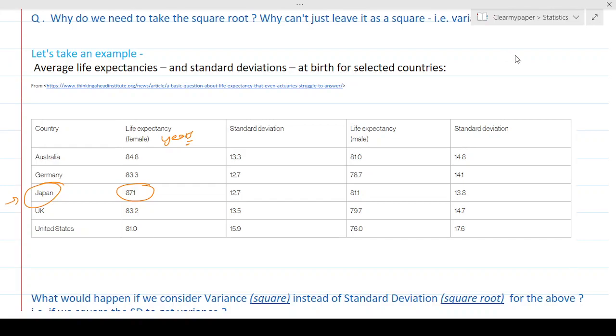And if you just compare, what is so magical about that? For India, I think for women, it's in the 70s, 71 or 72, and for men, I think it's 69 or 70. So we are almost 15 years behind in terms of life expectancy, for different reasons, but that's a different topic.